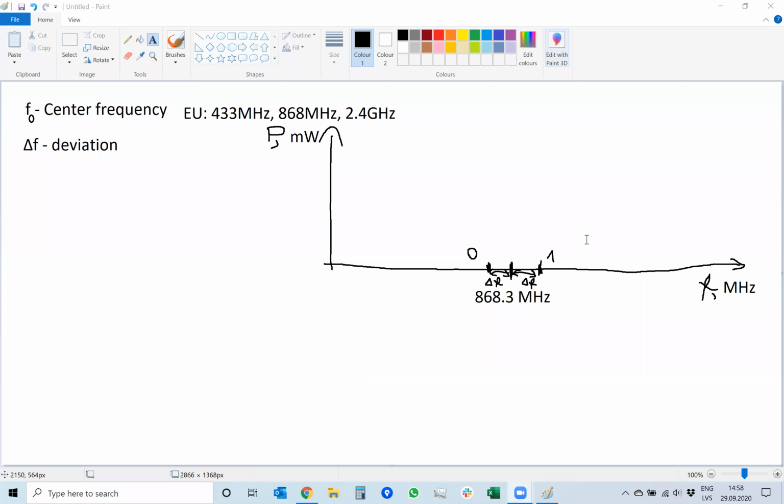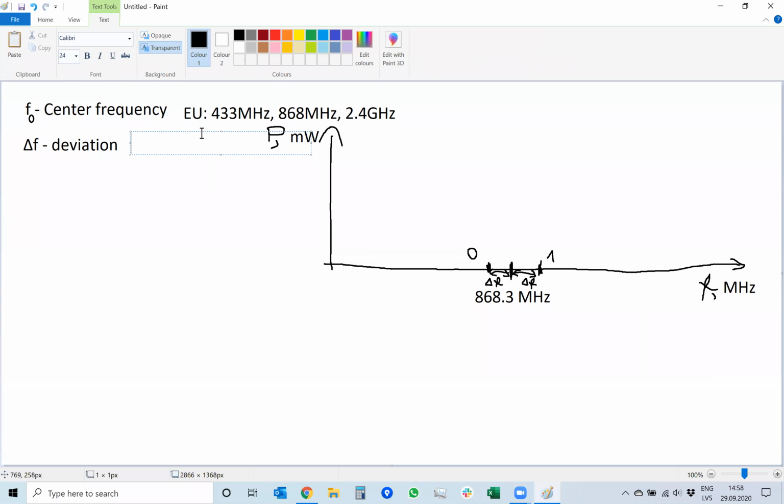Share screen. Okay, so one delta F and the second delta F deviation. And I wanted to give you an example. So for wireless sensor networks, it could be, for example, 25 kilohertz.